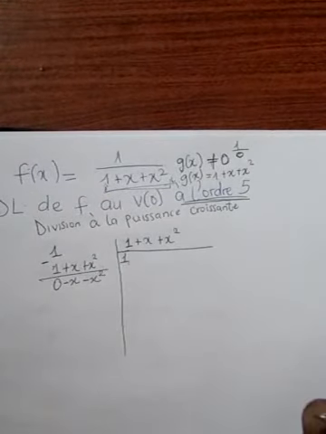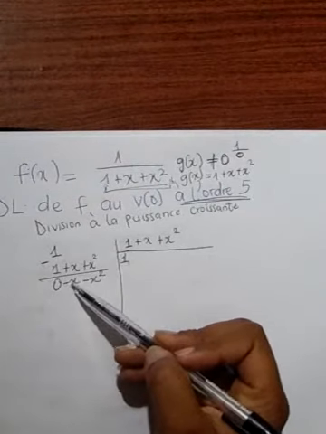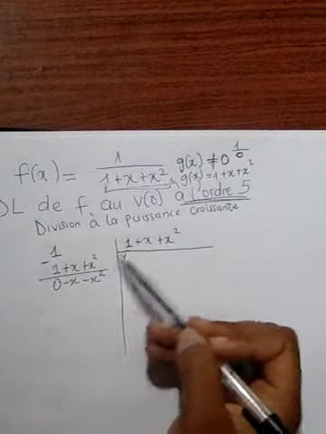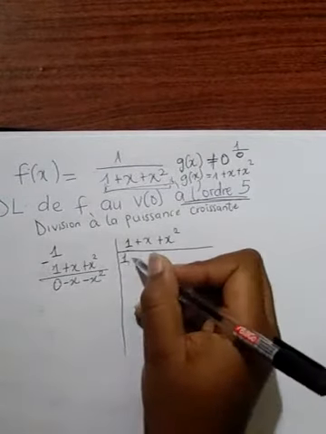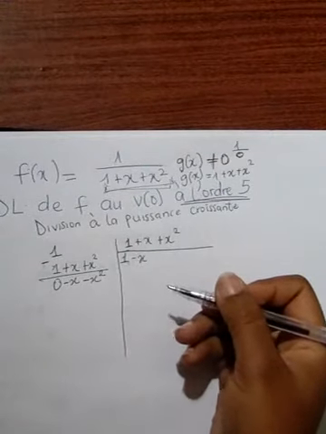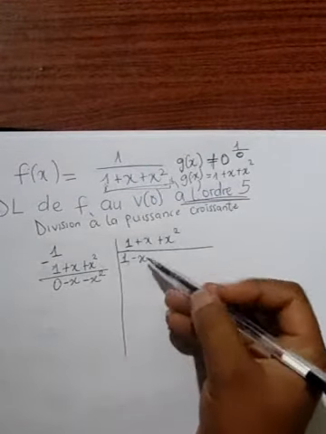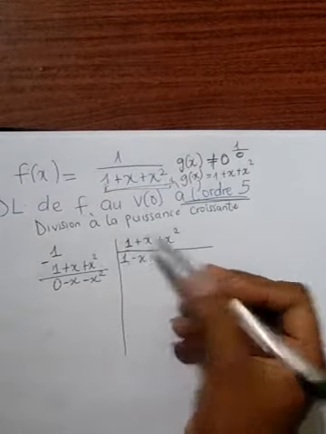We repeat the same process just like we did here with 1. So we are going to go minus x all over 1. So minus x all over 1 will give us minus x. We repeat the second step again, which is to multiply what we've gotten with everything from the denominator.